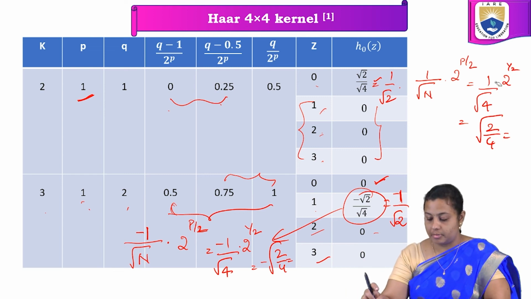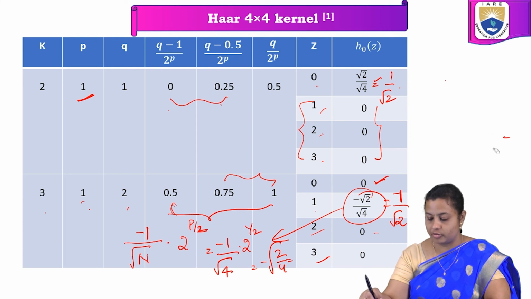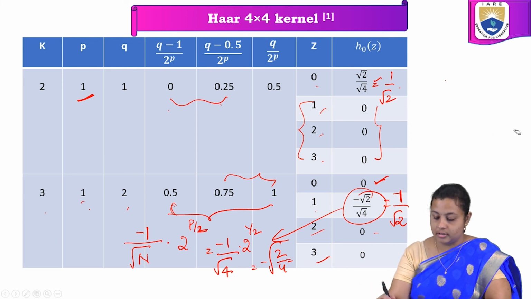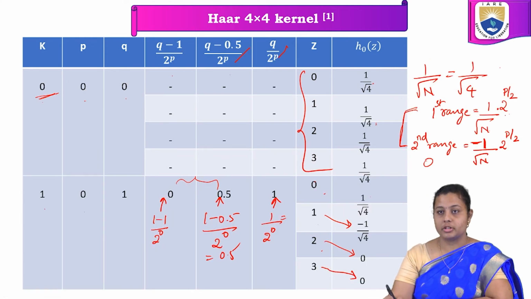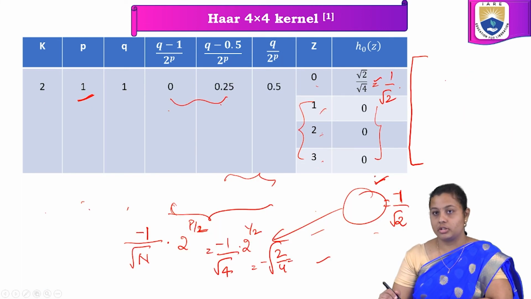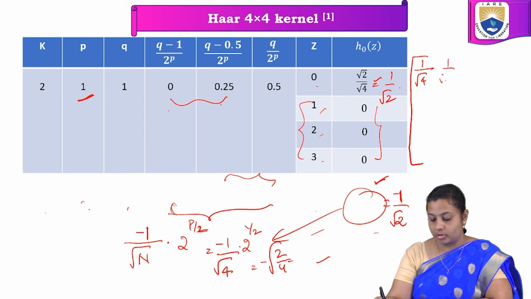So let me write my complete transform function. If I write my first row, I get 1 by square root of 4, 1 by square root of 4, 1 by square root of 4, 1 by square root of 4. So the first row is completely 1 by square root of 4.